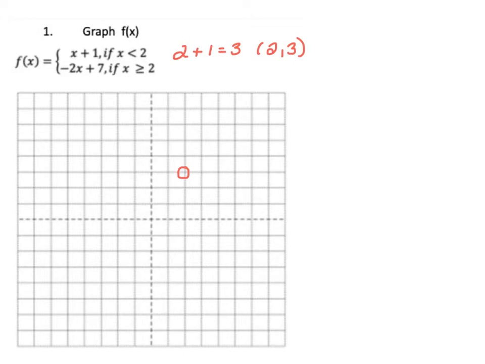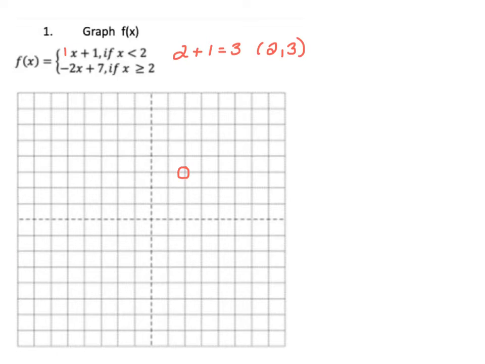And now you can plug in either some more ordered pairs or use your knowledge of linear functions. So if you were plugging in more ordered pairs, you might want to pick 1, 0, -1, get some more ordered pairs, but I'm going to use the slope. I can tell that the slope here would be +1, so it needs to, of course, go to the left, this direction, because of my constraints.